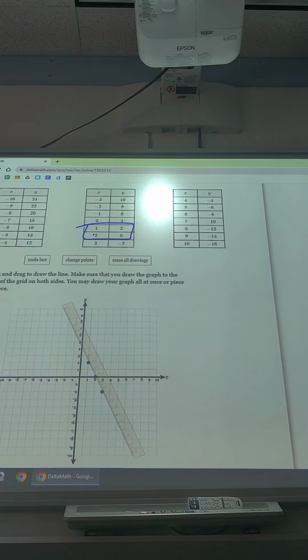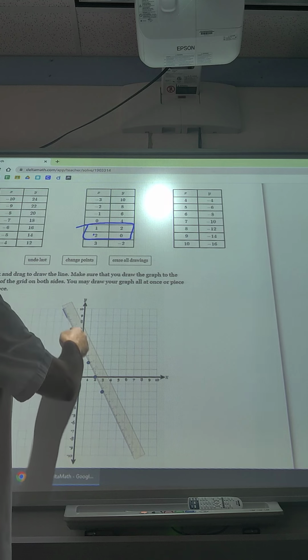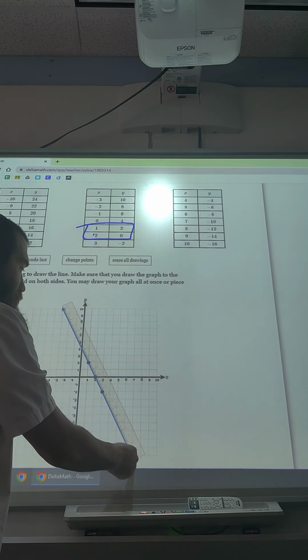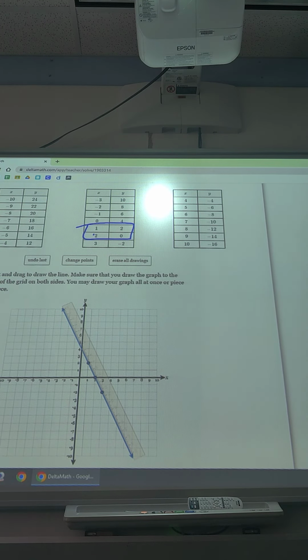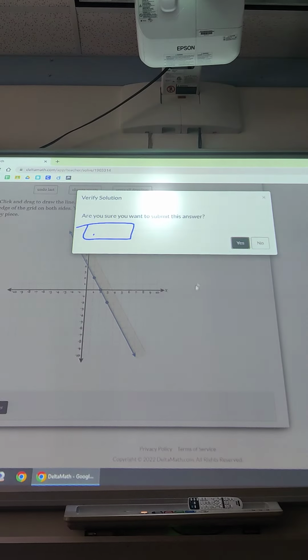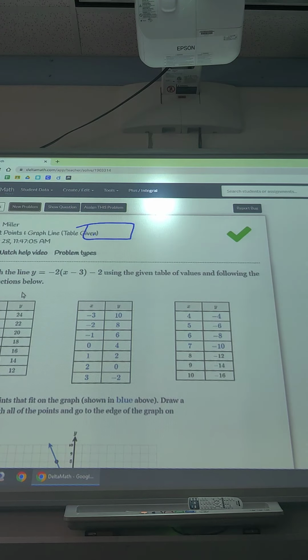It wants to draw a straight line, so you just trace it. If you mess it up, you can erase all your drawings or undo your last. But generally, like I said, it wants to succeed. And then this is an answer. And that's it. All right, let me check your situation.